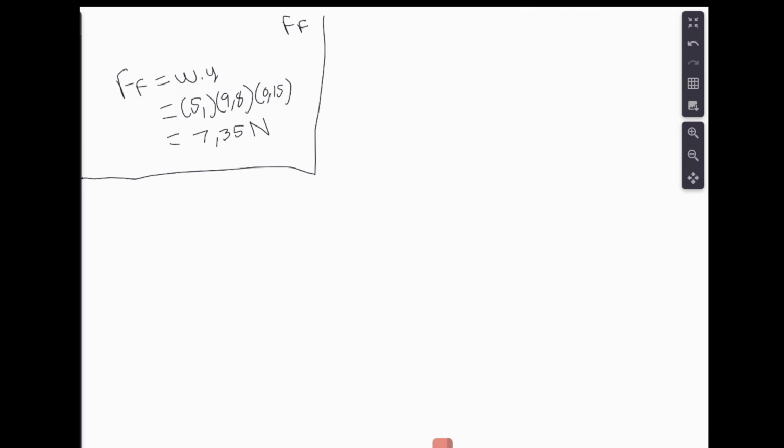So that I can say that the tension is equal to the weight, which is 2.5 multiplied by 9.8. Essentially, that is what is pulling the system down, and we already know that it's 24.5 newtons.